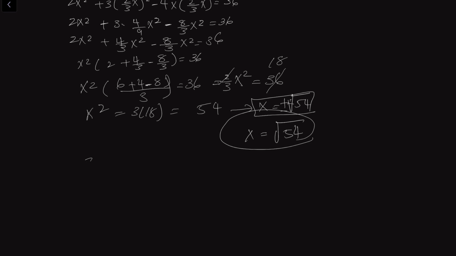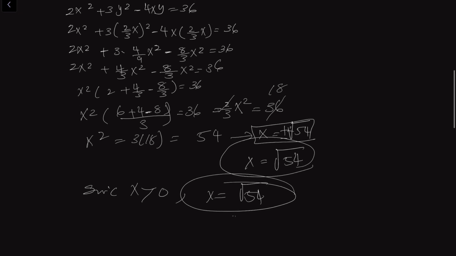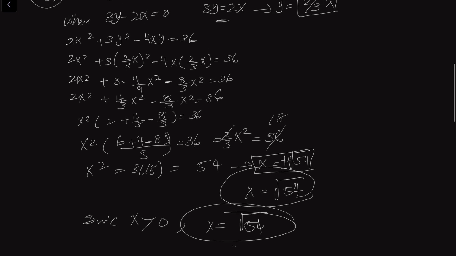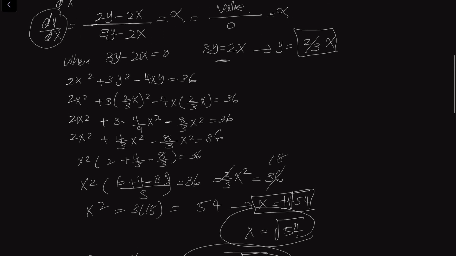All right, so since x is greater than 0, is positive, then my x is equal to the square root of 54. Okay, and that's going to be the positive value. That's going to be the value of x that's going to make my tangent line vertical, because if we substitute this value in the equation, it's going to make my equation undefined.